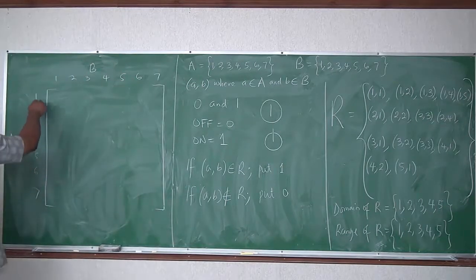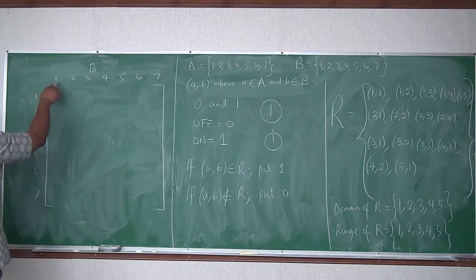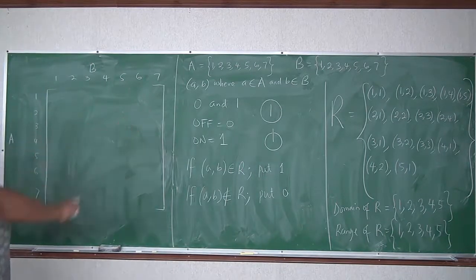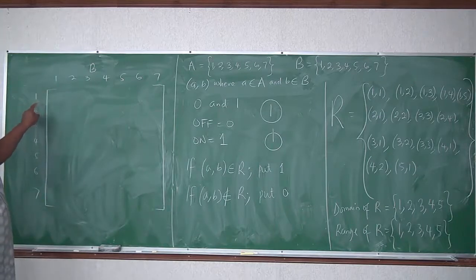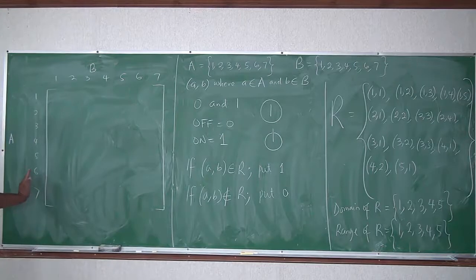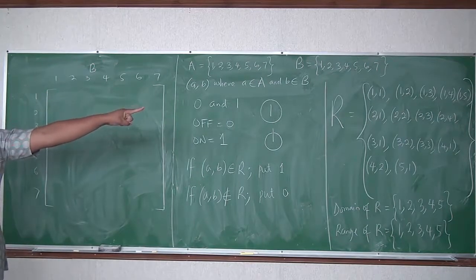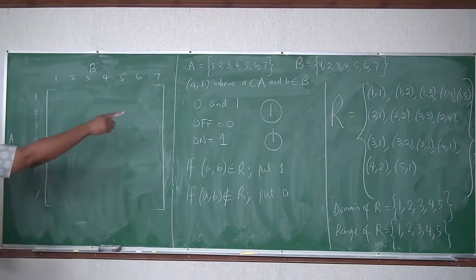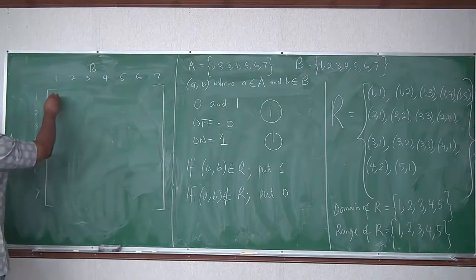Okay, so (1, 1). We look at (1, 1). Is (1, 1) there? We begin here, A and B. So (1, 1) is here, and it is in that relation, so we put 1.